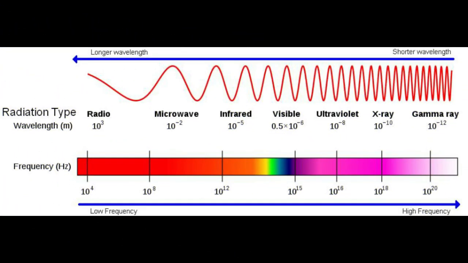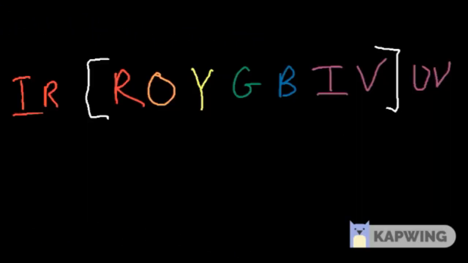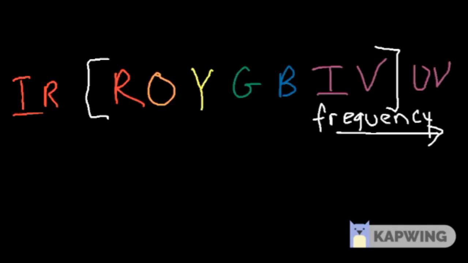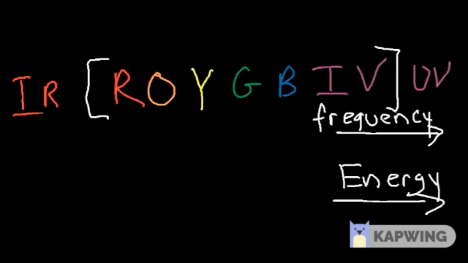We are going to focus on the visible light spectrum. To the right, the frequency of the light increases, so a photon of blue light has higher frequency than a photon of red light, because blue light is to the right. Blue light also has more energy than red light. However, red light has a longer wavelength.